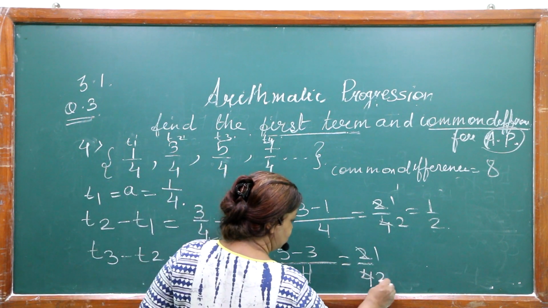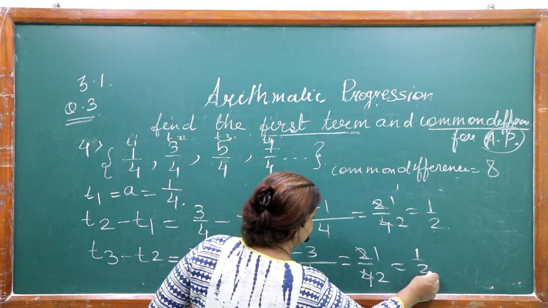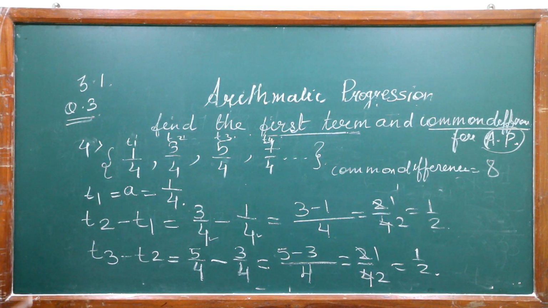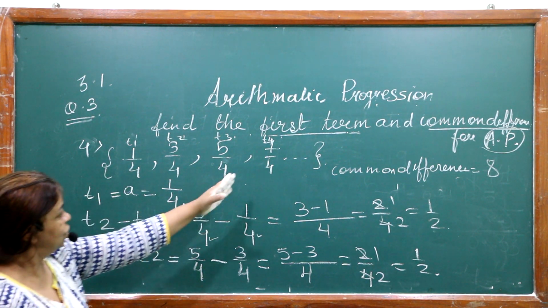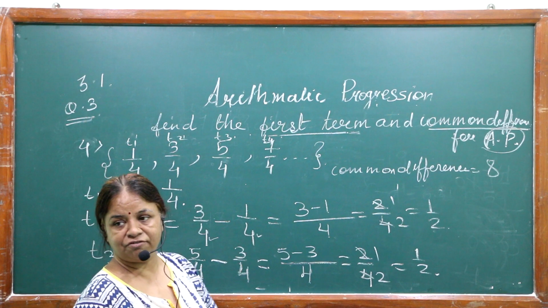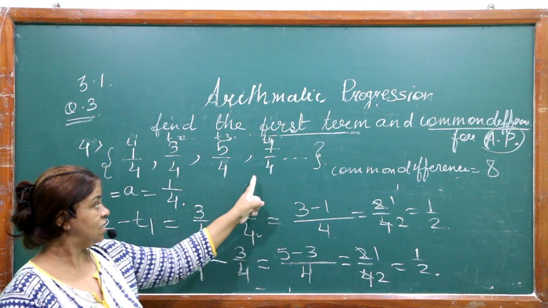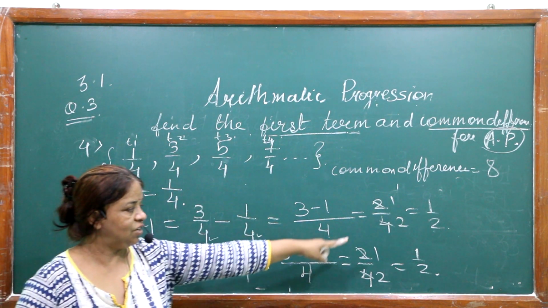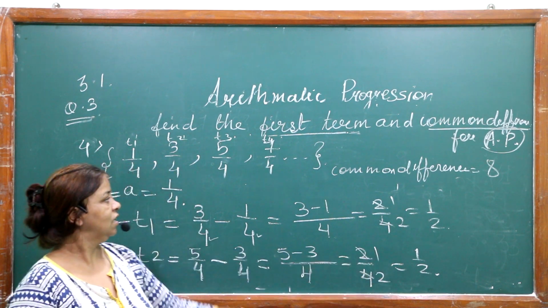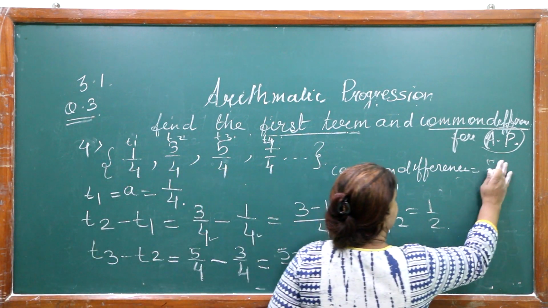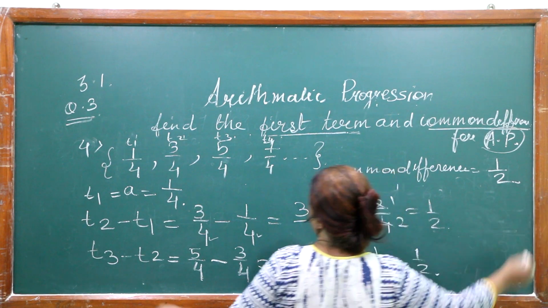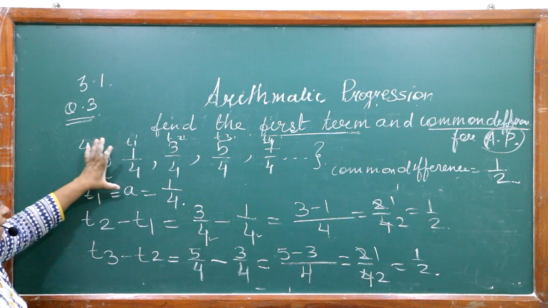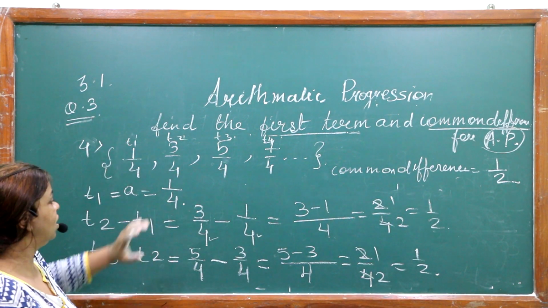So I get 1 by 2. T4 minus T3 I'll leave for you, and definitely you will get 1 by 2 only. So the common difference we got here is 1 by 2, and your A term is 1 by 4.